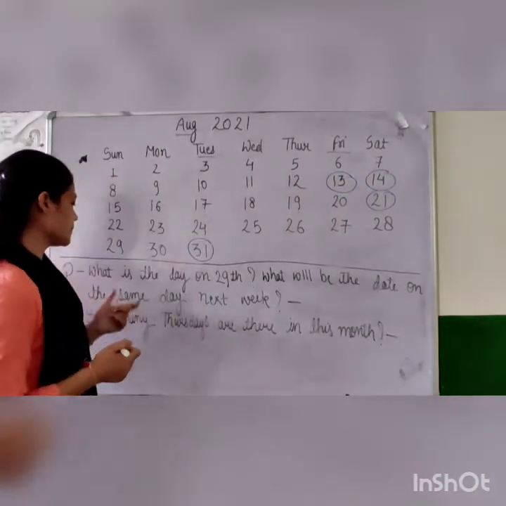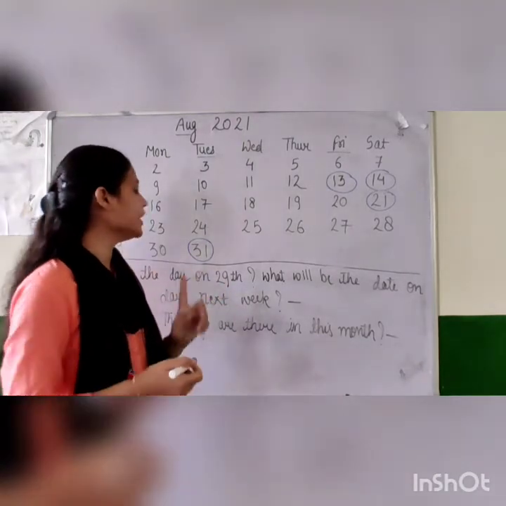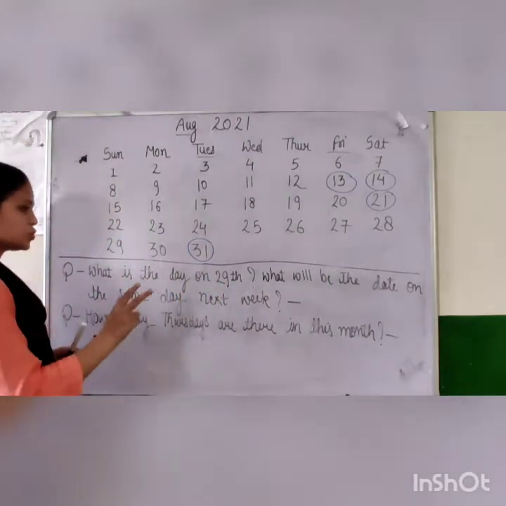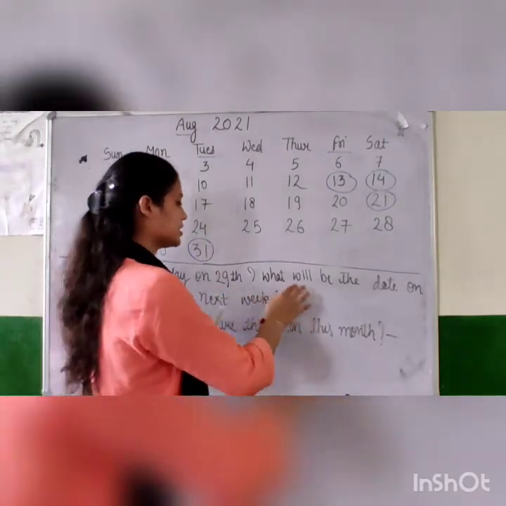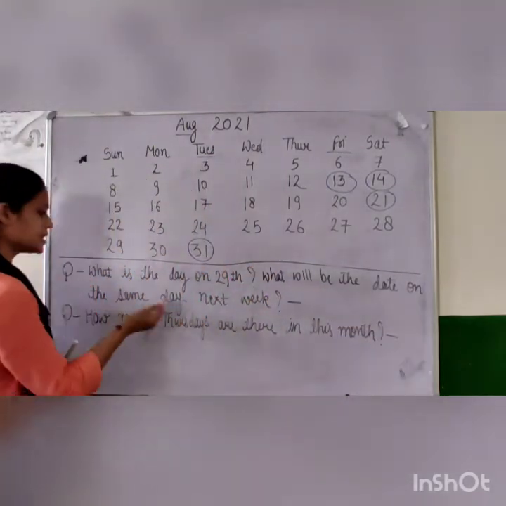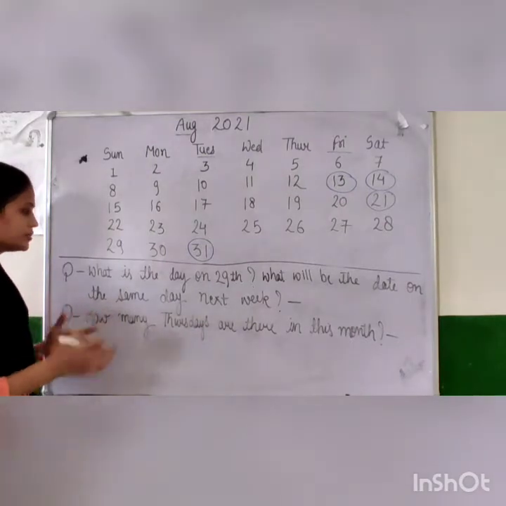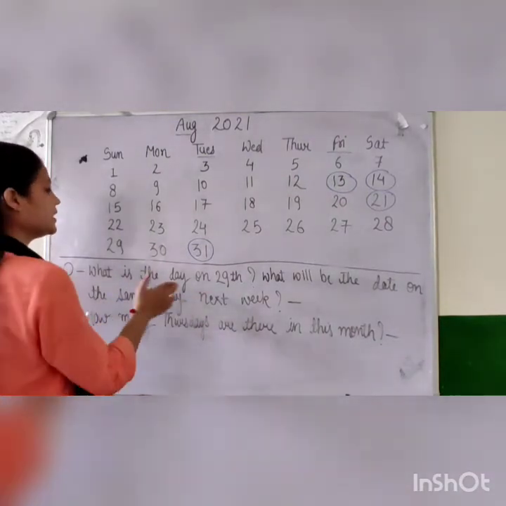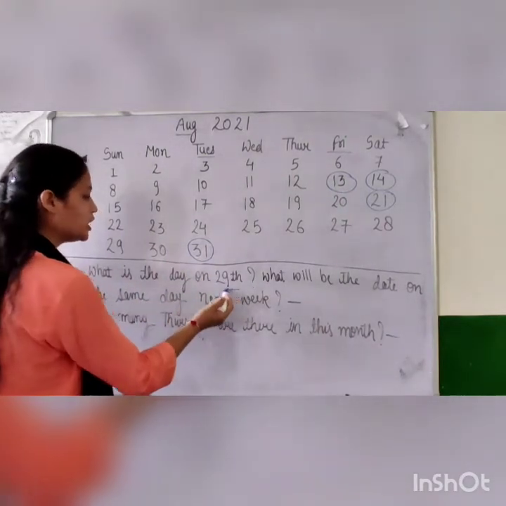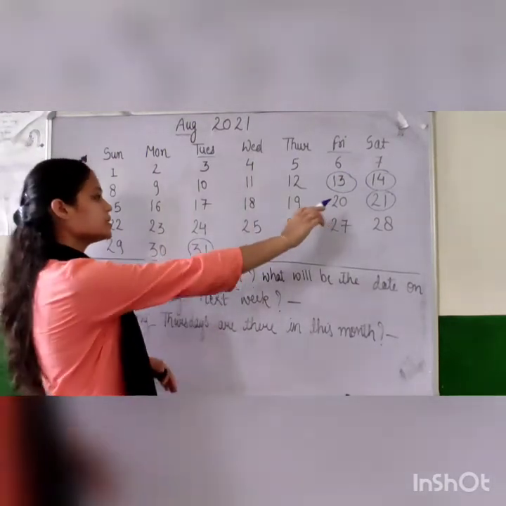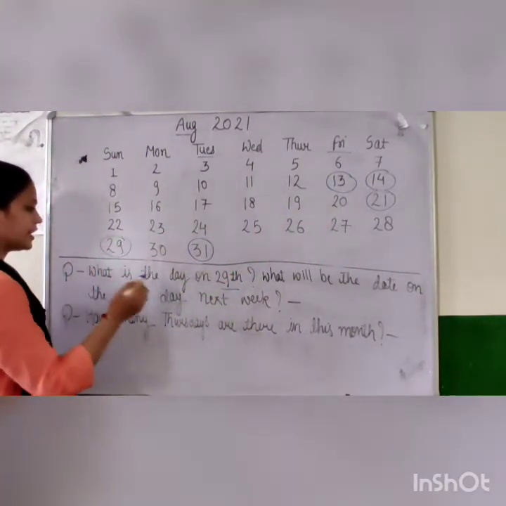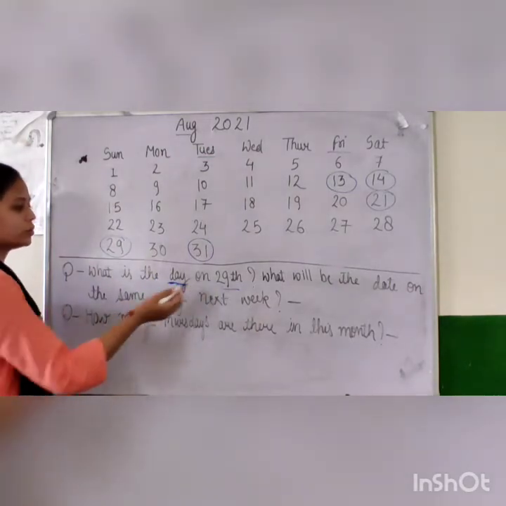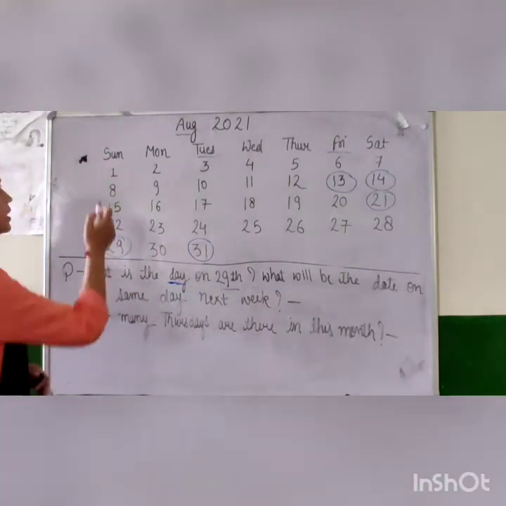Next question is, what is the day on 29th? This question has two parts. The first part is what is the day on 29th, and next is what will be the date on the same day next week. Let's first do the first part. Let's find the date 29. This is 21 and this is 29.